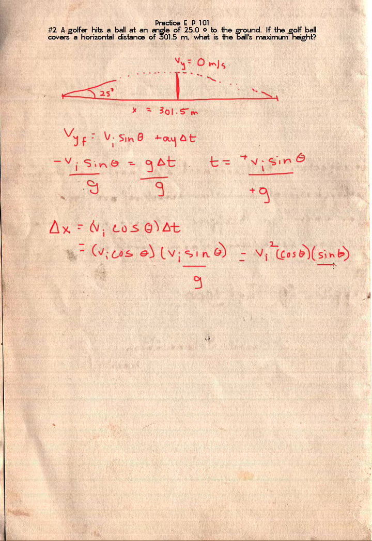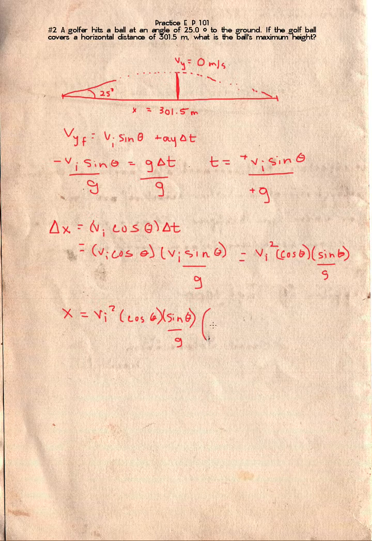All divided by g. So now we're going to take and rearrange that and solve for vi. Okay, so let's rewrite that over here. x is equal to vi squared cosine theta sine theta divided by g.